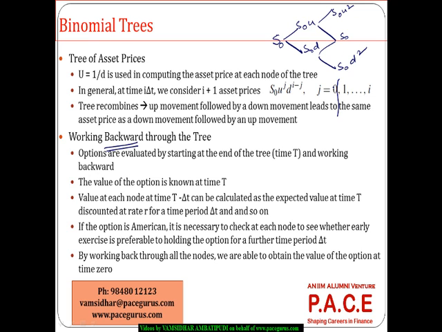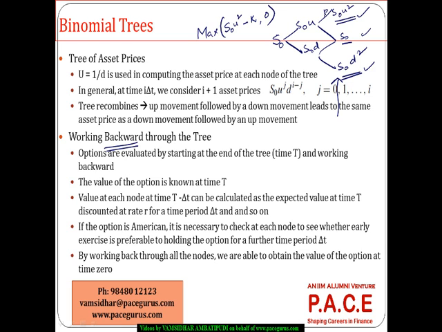I evaluate by starting at the end of the tree and working backwards. I know the value of the option, because if it is a call option, at each node I will work out the payoff: the maximum of the stock price minus the strike price, comma 0. So at each level I calculate that.